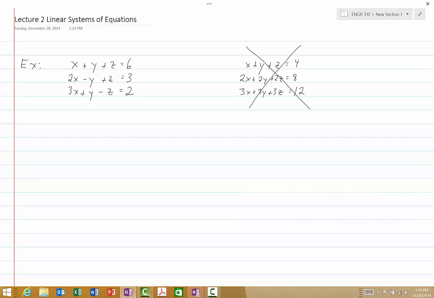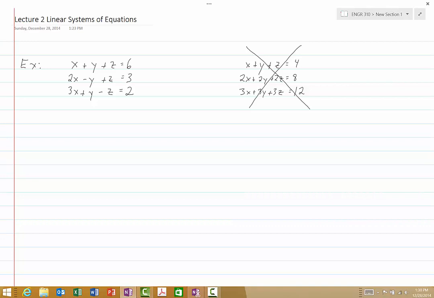So that's just to emphasize that just because the number of equations is equal to the number of unknowns, that doesn't absolutely guarantee that you can solve it, but at least it gives you some hope that you can solve it. If the number of equations is less than the number of unknowns, then you definitely cannot find a unique solution. But in this case, we do have the number of equations equal to the number of unknowns, and so we hope that we might be able to solve it.